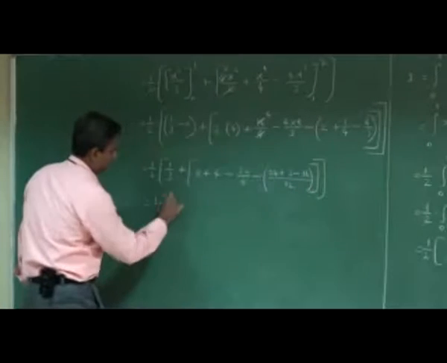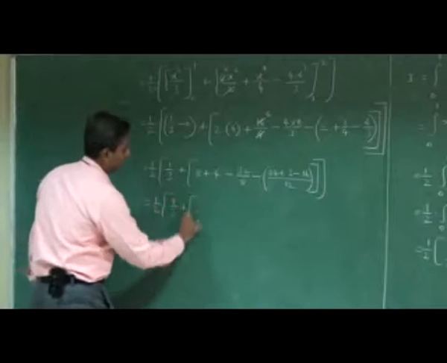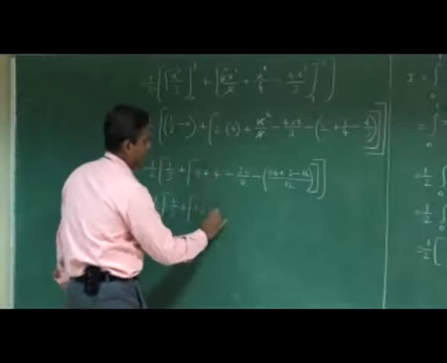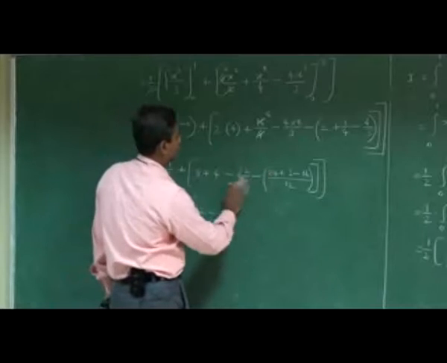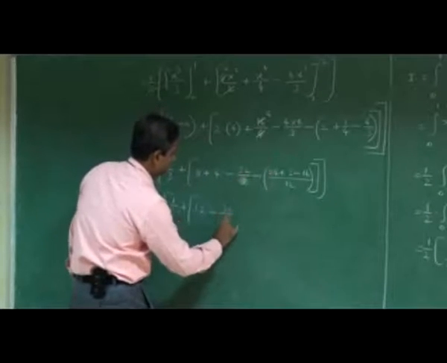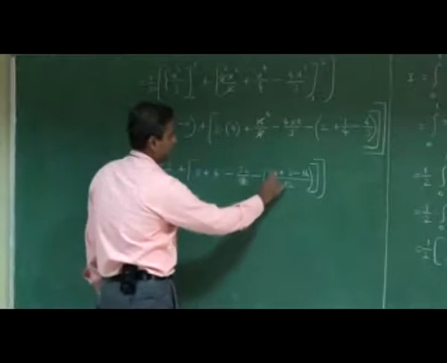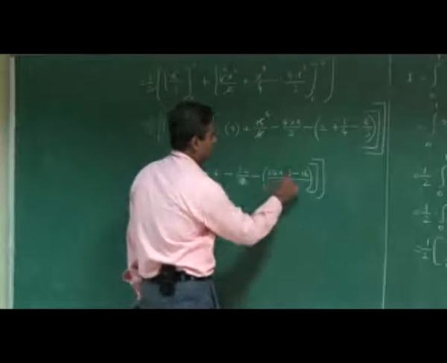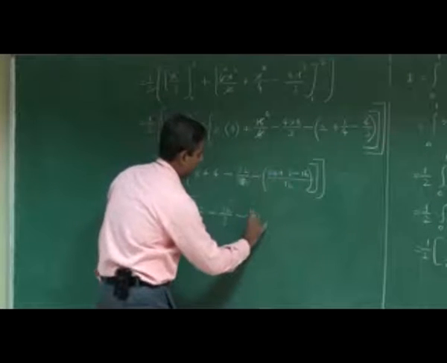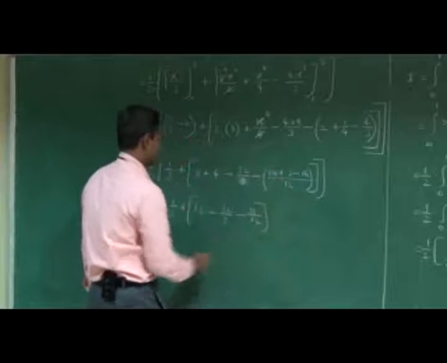That is equal to 1/2 times 1/3 plus 12 minus 32 divided by 3, minus, here we take 24 minus 16 is 8, 8 plus 3 is 11, divided by 12.